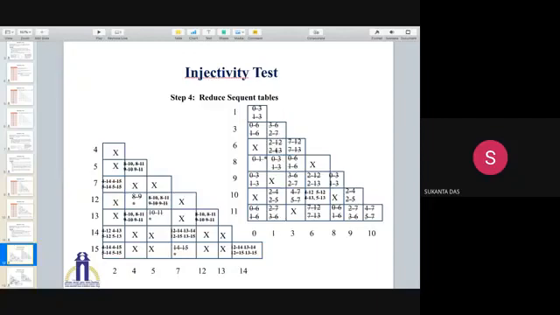Then 2 and 12. See, look at this one. 2 and 12 is crossed out. This is the sequent table for 0. This is the sequent table for 1. See, 2 and 12 is crossed out, and 2 and 13 is crossed out.